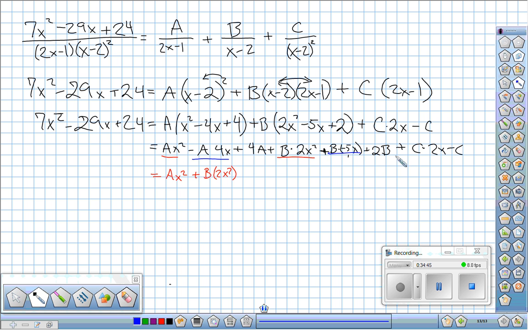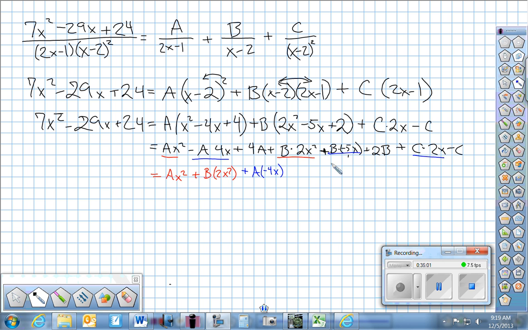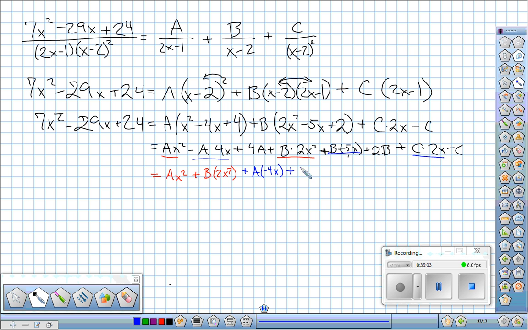So these guys have regular old x's. So that'll be minus, I'm going to write that one like I did one of the b ones. And I'm going to write a and negative 4x. And then I'm going to write plus b negative 5x. And then I have the plus c and 2x.